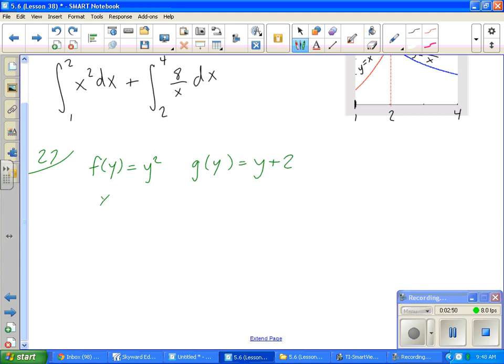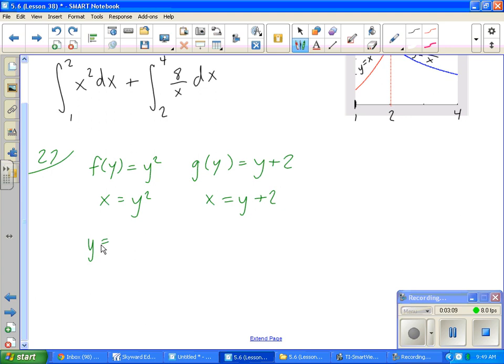So this is like an x equals y squared, right? And this is like x equals y plus 2. So could I solve this for y equals? Okay, if I solve this for y equals, how do I get y by itself? Square root. And what do I have to do when I square it? Plus or minus.